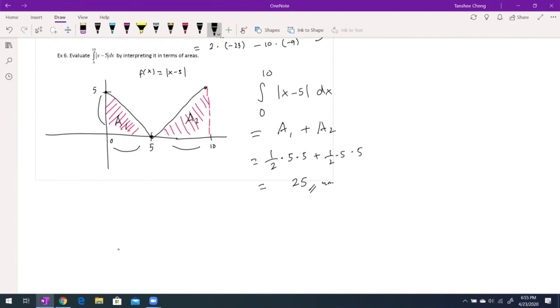So this is using the fundamental idea of the definite integral, its definition, to find the value when we don't yet know how to integrate at all. That concludes this section.